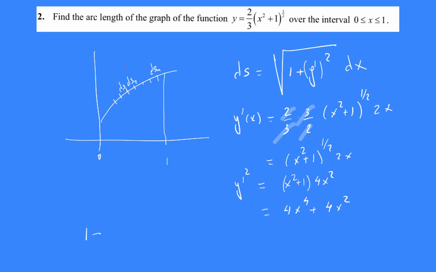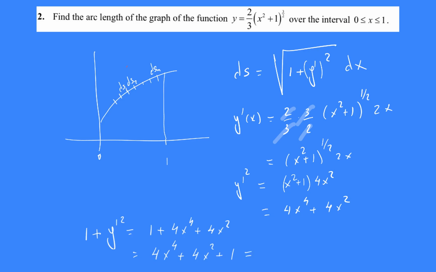So 1 plus y prime squared will be 1 plus 4x to the 4 plus 4x squared, or if we write it in the correct order, 4x to the 4 plus 4x squared plus 1.